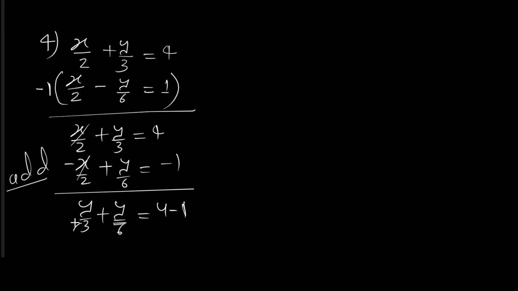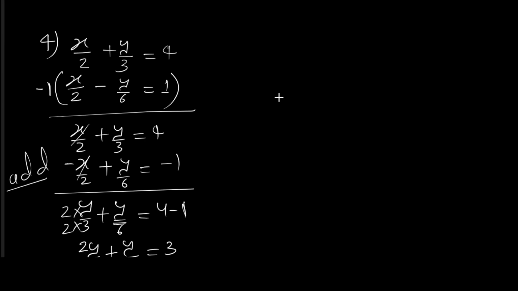I'm going to multiply this fraction by 2, in both the numerator and the denominator. So we have 2y over 6 plus y over 6 equals 4 minus 1, which gives us 3.